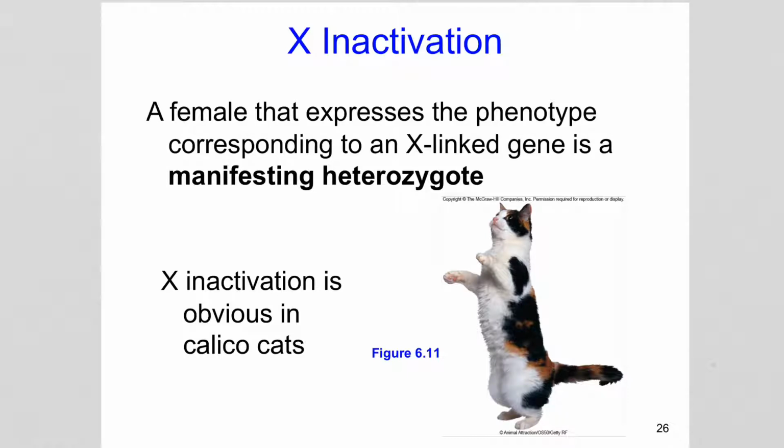So the consequences of this X inactivation on phenotype can be really interesting, can also make things really complicated when we're looking at the inheritance of different phenotypes or disorders.